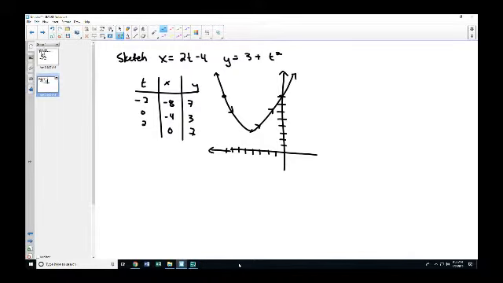So don't forget your direction indicators. So you can see that parametrics can be handy because they indicate time, but they also indicate a direction of travel. Should we still put the arrows at the end? At the endpoints? Yeah, we'll still do that because the graph will still be infinite.